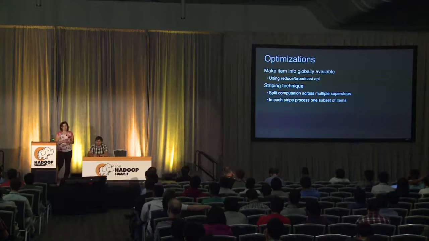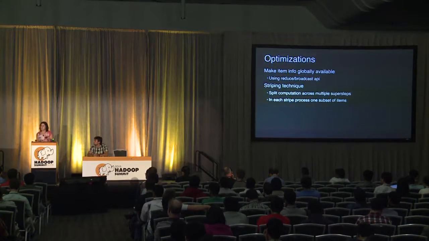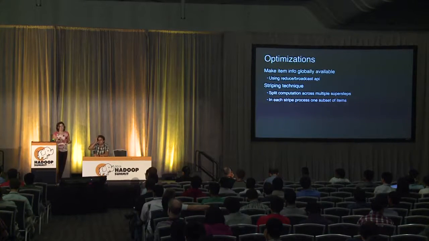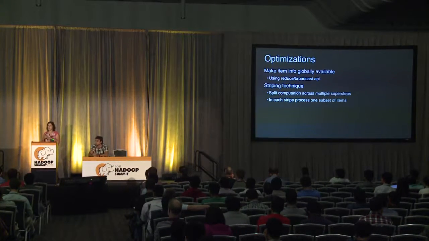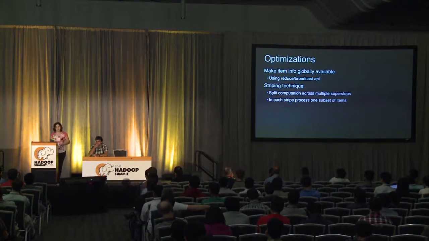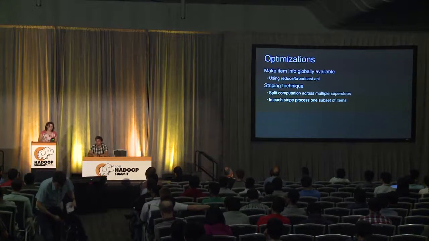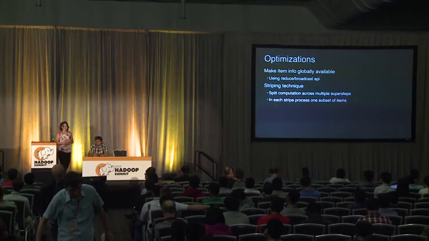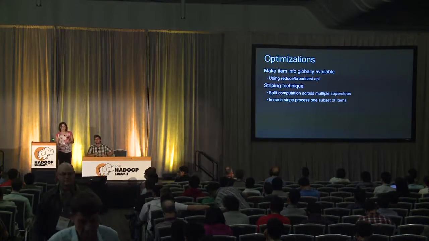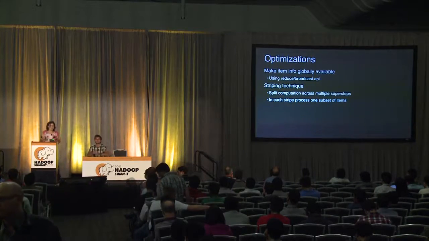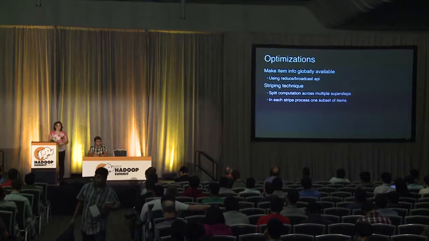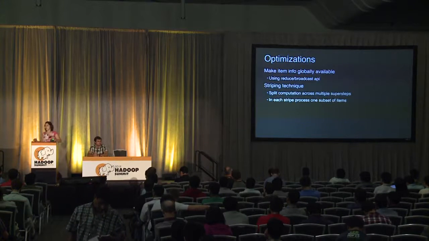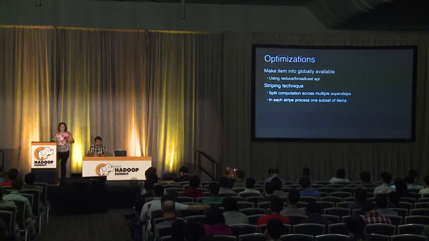Secondly, we had a problem that in Giraph, all the messages sent during a single superstep need to fit in memory of the machines. And users are sending a huge amount of data to the items. And that would require many more machines than we want to use for these jobs. So we applied the striping technique, which we also successfully used in other algorithms. The idea behind the striping technique is that we split the whole computation across multiple supersteps, where in each superstep, only part of the vertices is active.